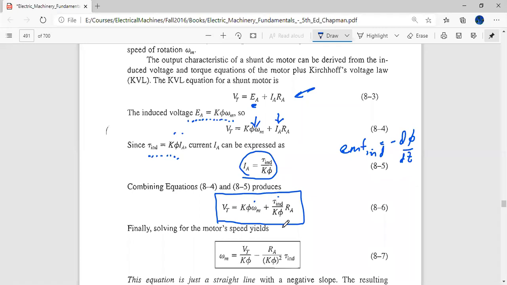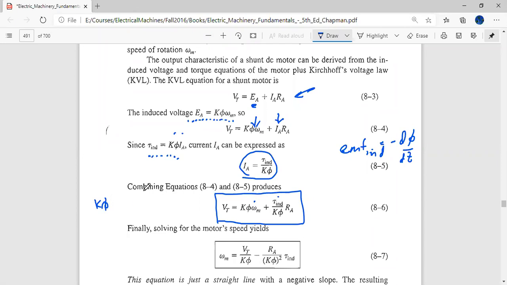So we can derive the characteristics, how torque varies with respect to the flux of the machine and how the speed varies with respect to the flux of the machine. So we make omega m the subject here. We want to have omega m on the y-axis of the graph and torque induced on the x-axis.